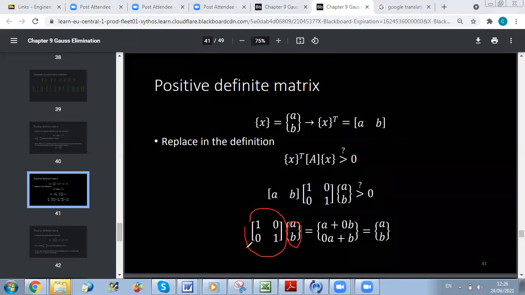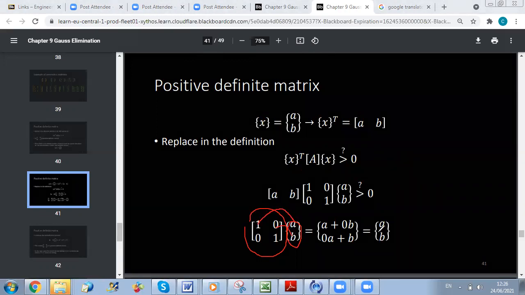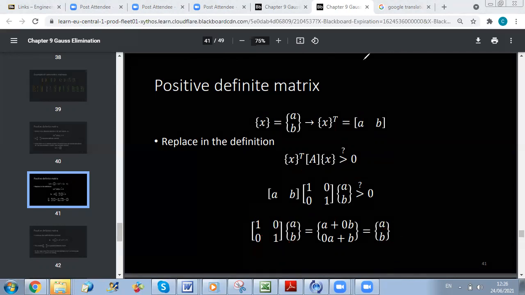Proceeding, the first element of the result is 1 times a plus 0 times b, which is a. The second element is 0 times a plus 1 times b, which is b. So now A times x is replaced by the vector (a, b).